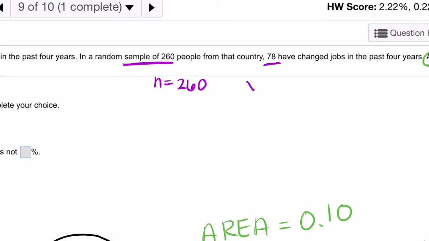So that's going to be looked at as our number of successes. And so in this case, to get our point estimate p hat, we've got to take the number of people who fall into that category, divide it by the total. And here, that's going to give me a sample proportion of 0.3.